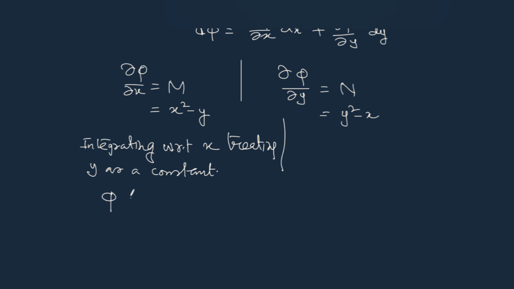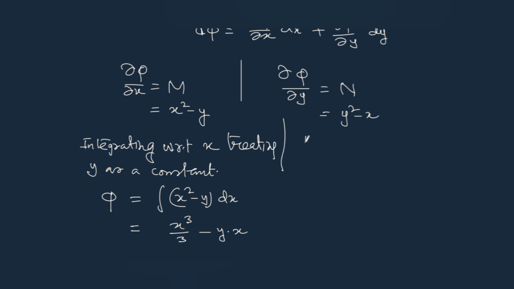So phi can be written as integration x square minus y dx. Then we will have x cube upon 3, and negative y is constant and integration dx is x.